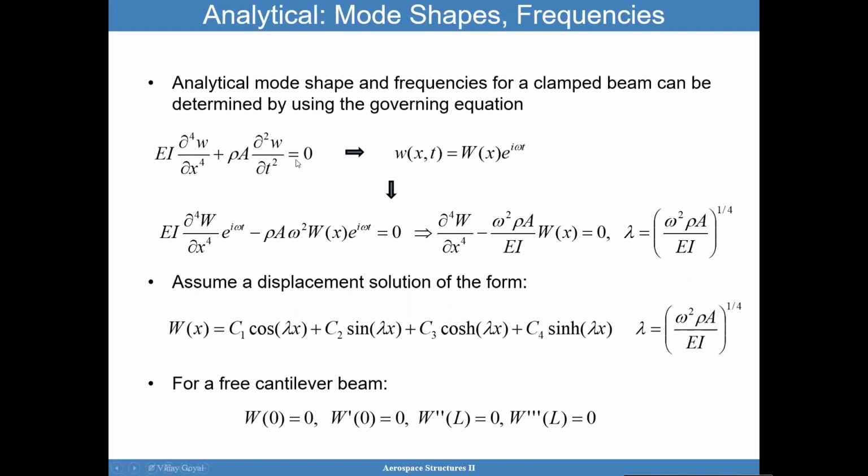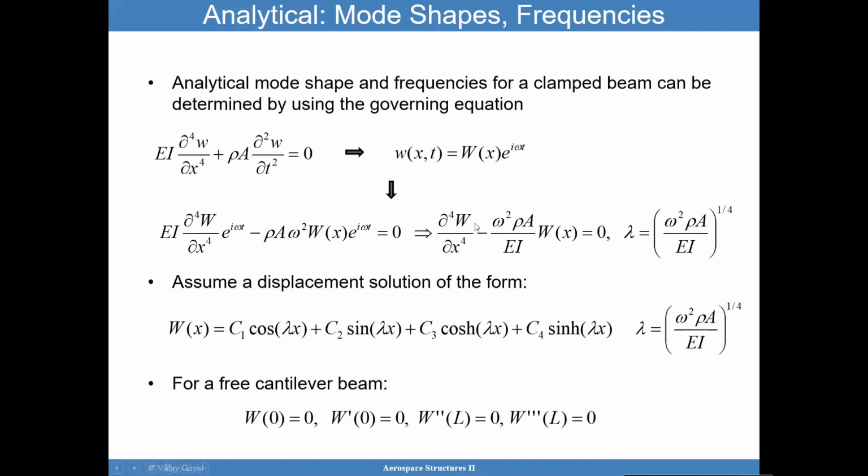And so to solve this, we're going to do a separation of variables, W(x) e^{iωt}. And so I'm going to plug this into this equation here. And e^{iωt} is never going to be zero, so you can cancel that out. And then from here, I'm able to get a differential equation on W of x.